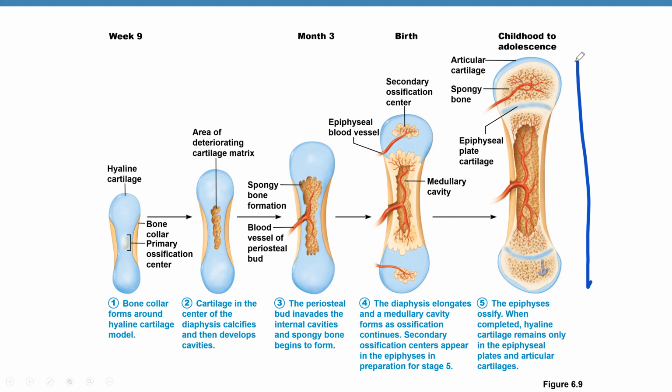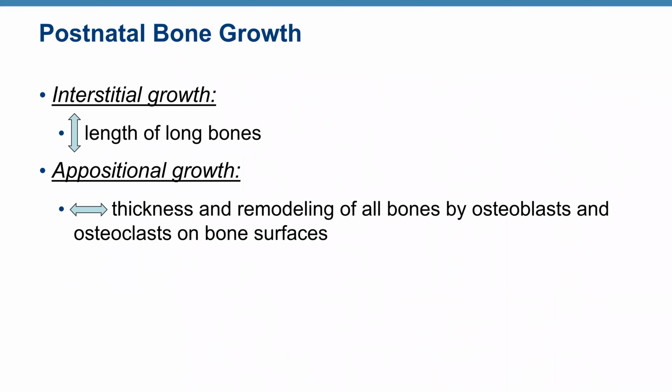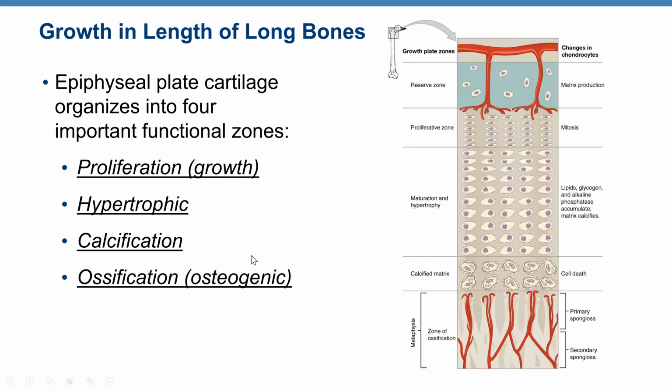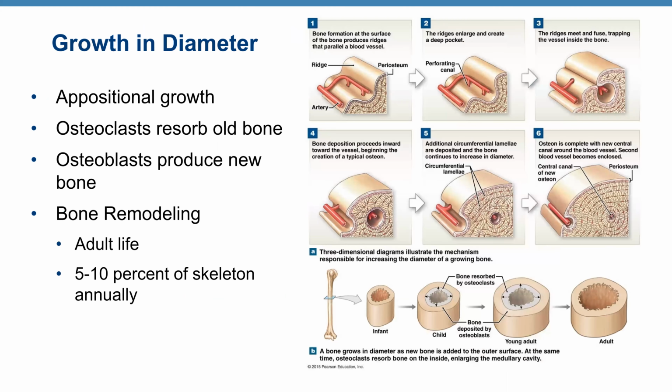So the entire bone gets longer. That's what we call interstitial growth. And it happens not on the surface but inside the tissue. That's what interstitial means.